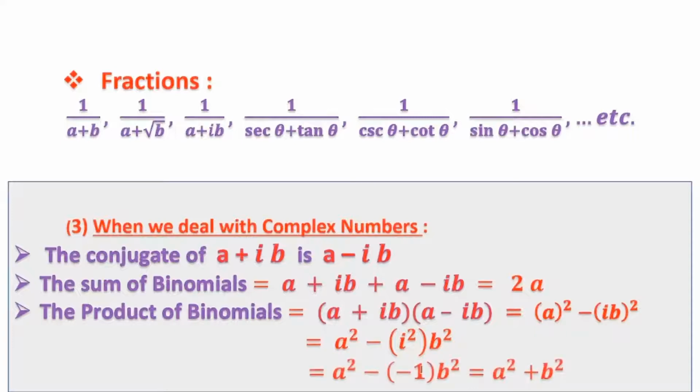Therefore, the product is equal to a square minus minus 1 into b square, which is equal to a square plus b square. Here, a square plus b square is the rational number.